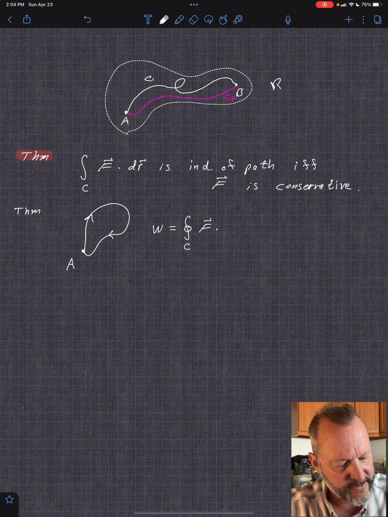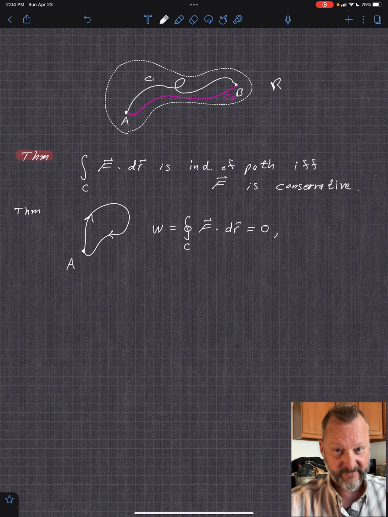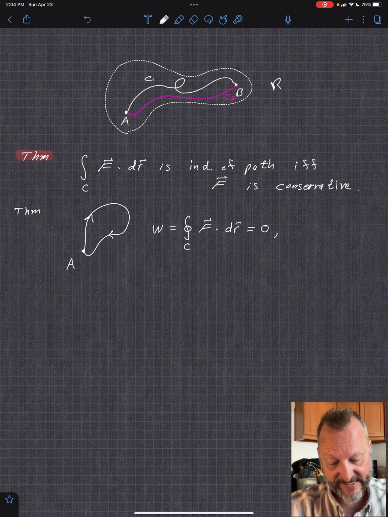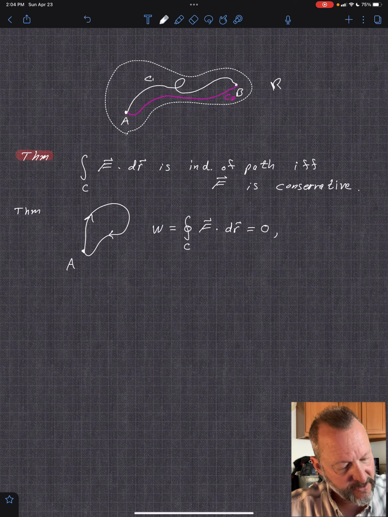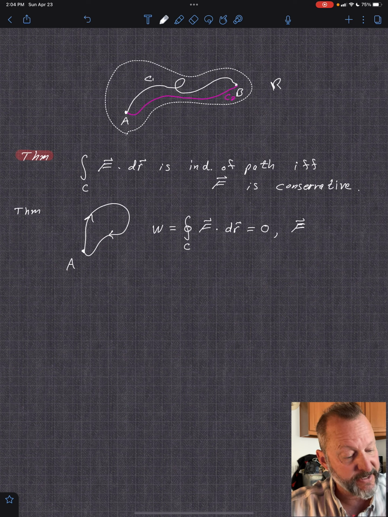So if the integral of f dot dr is 0, then f is conservative. Excuse me. So if that's true for any C, then f must be conservative. Well, if it is conservative, then it's always 0.